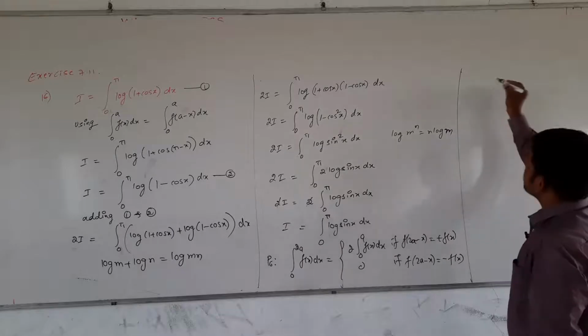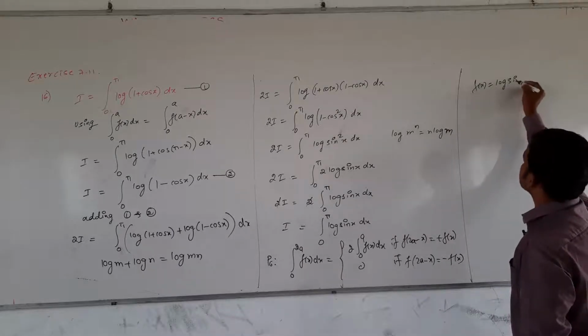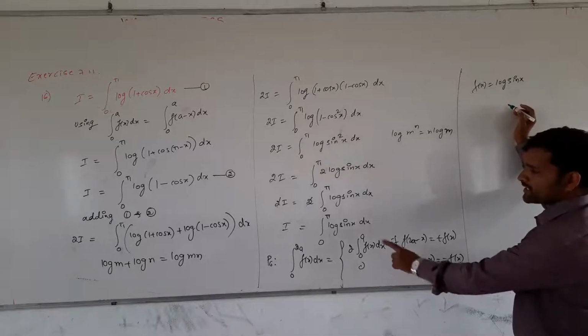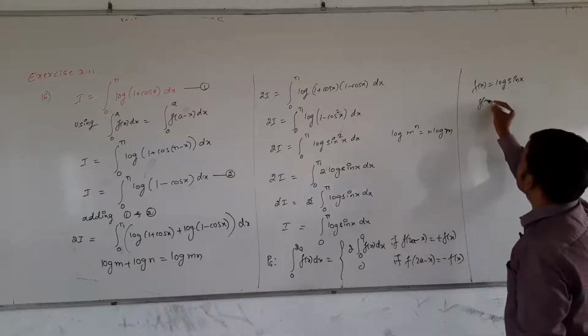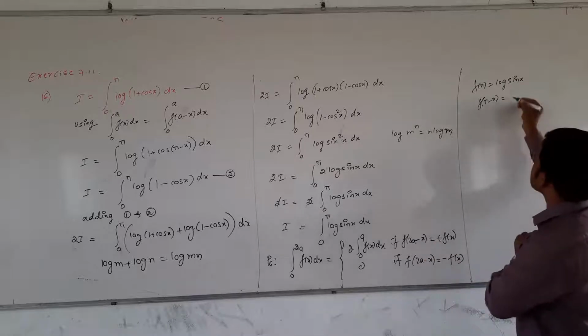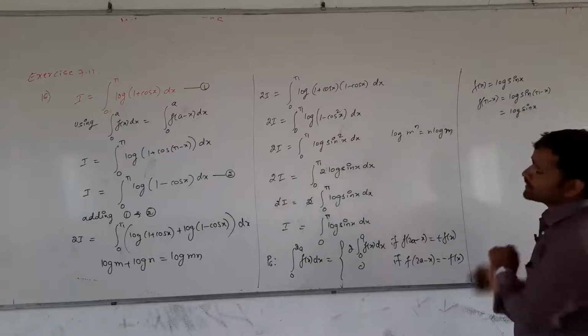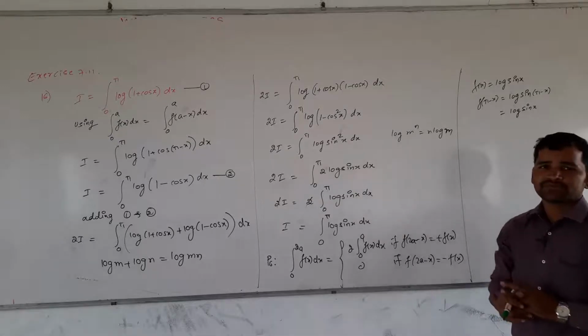Here f of x means log of sin x. In place of 2a, pi is there. So f of 2a minus x is f of pi minus x, which is equal to log of sin of pi minus x. Pi minus x means 180 degrees.